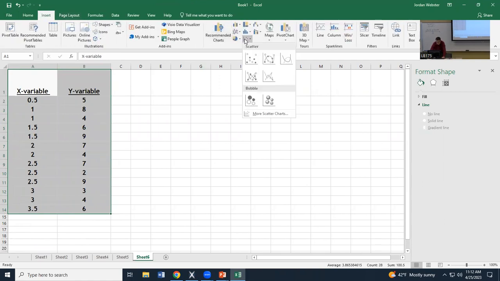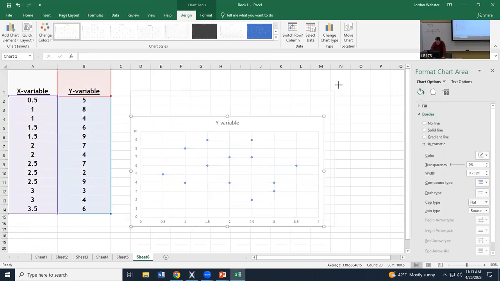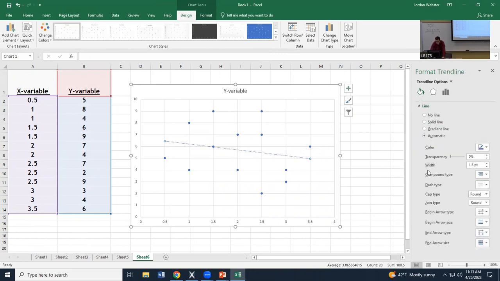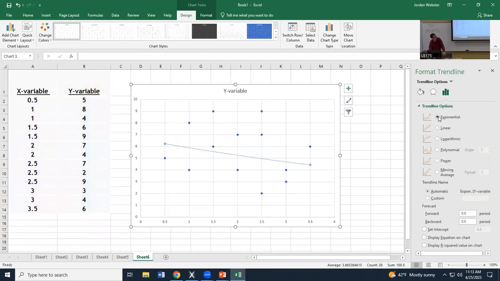So let's insert scatter. A scatter plot looks like this. We can already guess what's going to happen, can't we? If we put any type of trend line, it's not going to fit really well. Let's do an exponential one this time. Is that all right? So we'll do an exponential one this time.